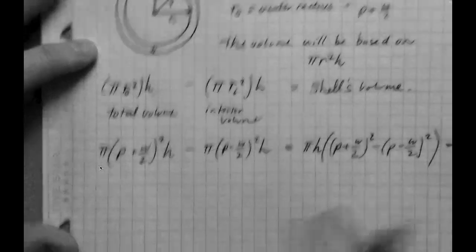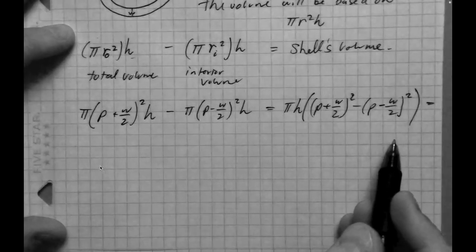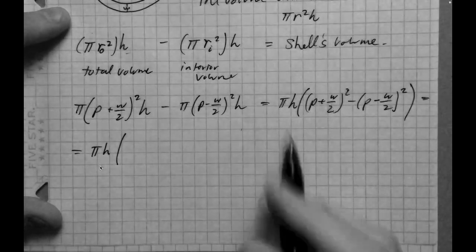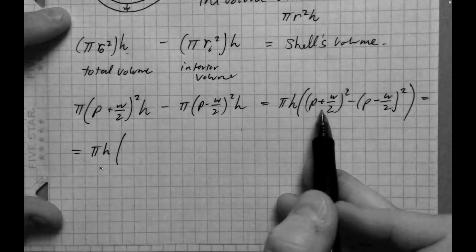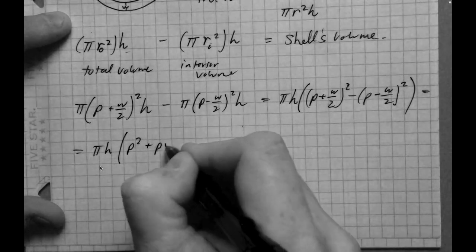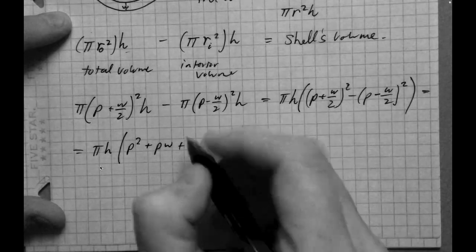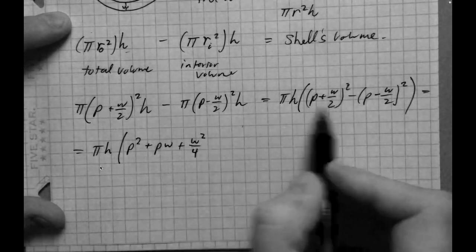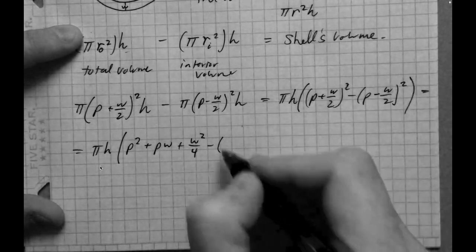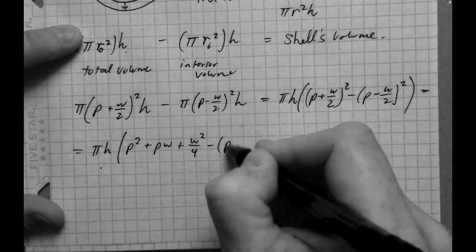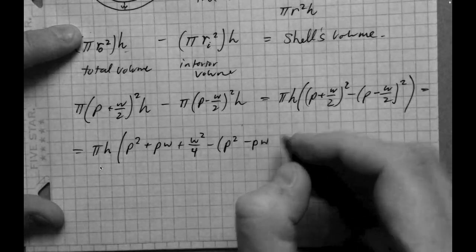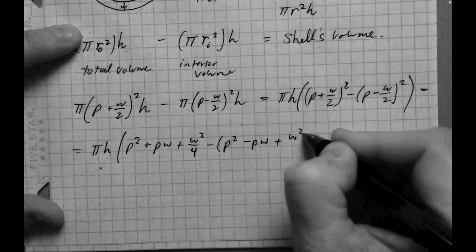Okay, and we can pretty easily expand this and simplify a bunch. So when we expand this one, P plus W over 2 squared, we get P squared plus PW plus W squared over 4. That's just foiling this piece out. And then we do the same thing here, and we would get P squared minus PW, and then plus W squared over 4.